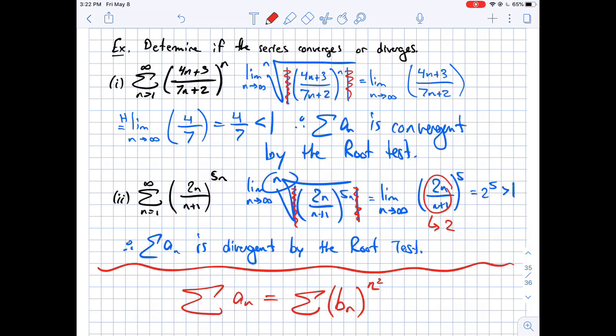In each of the videos, I've talked about what it is about the series that leads me to try a certain test. In this one, you're looking at those exponents in order to do the root test. For the ratio test, we were looking for combinations of p-series with geometric or factorials, and that led us to do the ratio test in those situations.